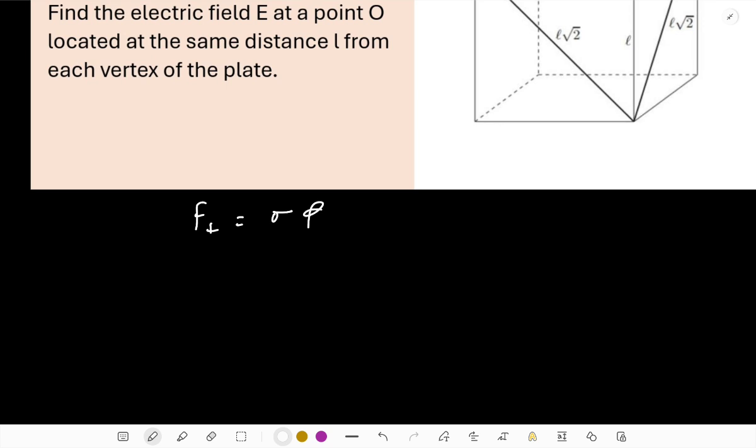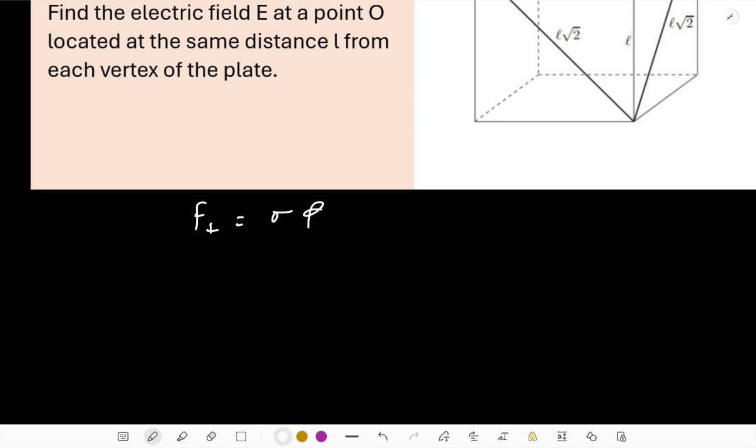And it need not be homogeneous. It may be a uniform or non-uniform electric field. It doesn't matter. Through the plate. That means we got a plate of surface charge density sigma and flux of some external electric field as phi.